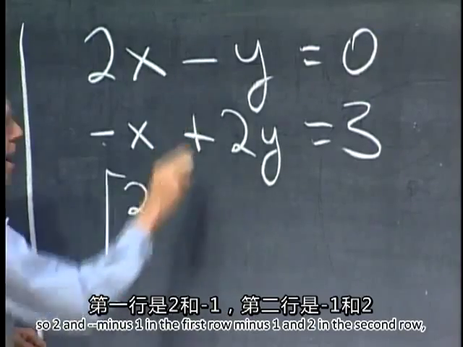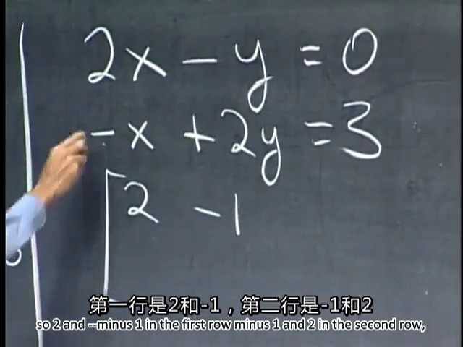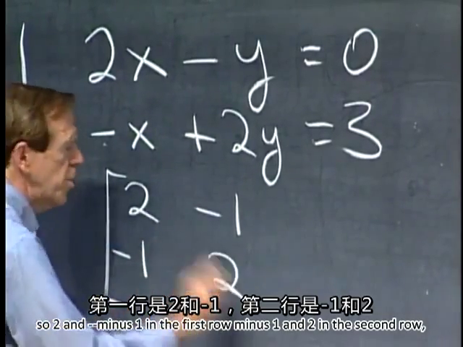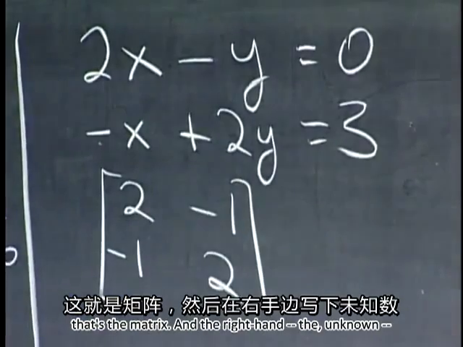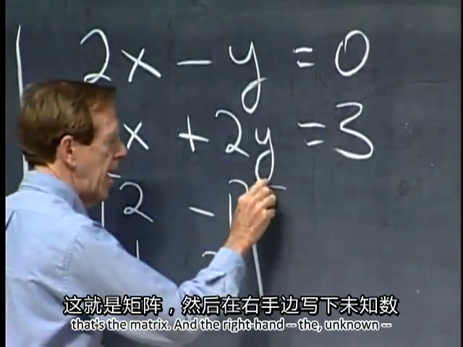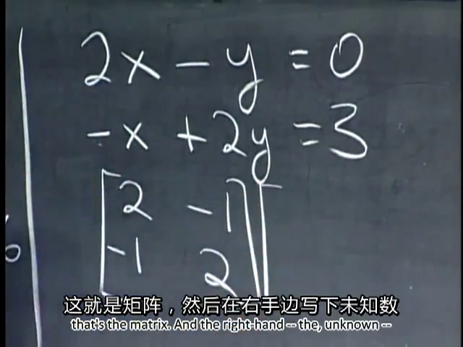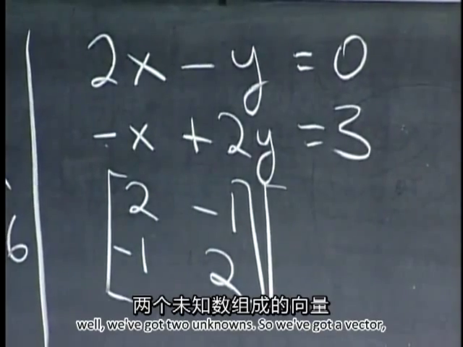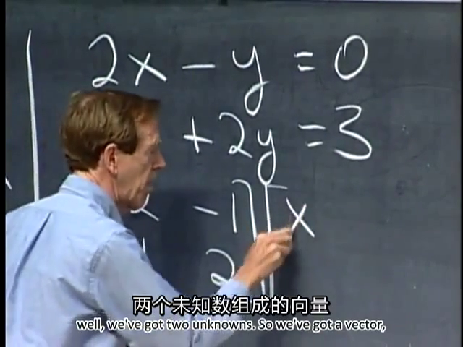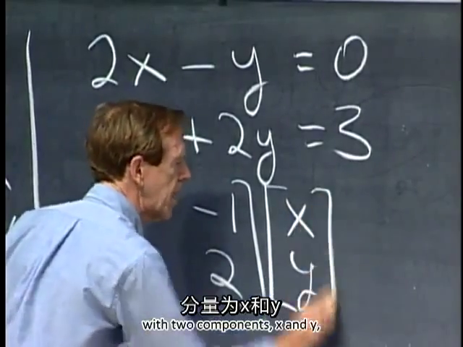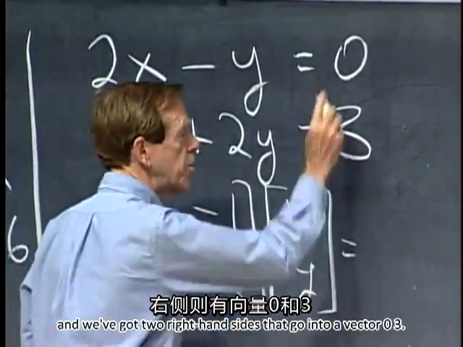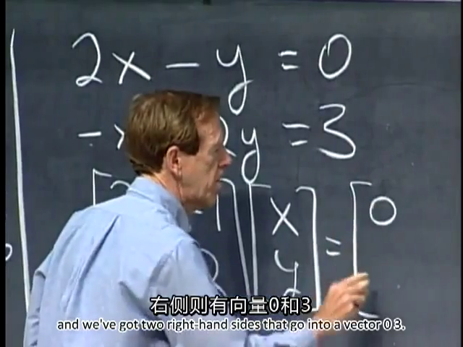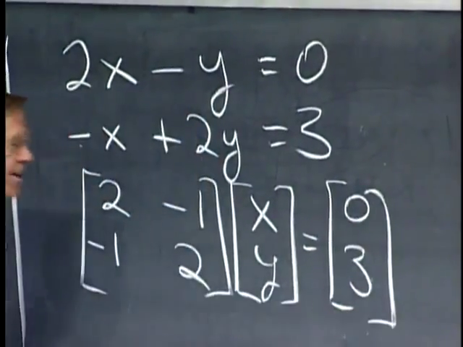So 2 and minus 1 in the first row, minus 1 and 2 in the second row. That's the matrix. And the unknown, well, we've got 2 unknowns. So we've got a vector x with 2 components, x and y. And we've got 2 right-hand sides that go into a vector 0, 3.